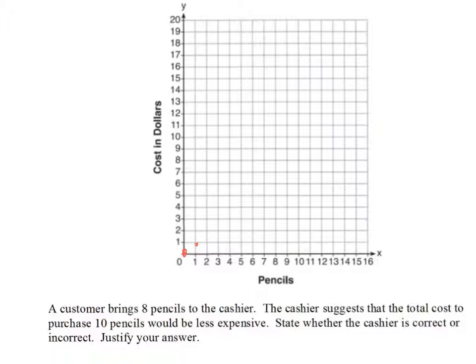Oops, I forgot the second one. 2 is at 3.50. 3 is at 5.25. 4 is at 7. 5 is at 8.75. 6 is at 10.50.